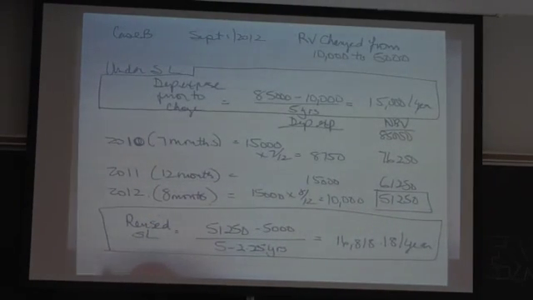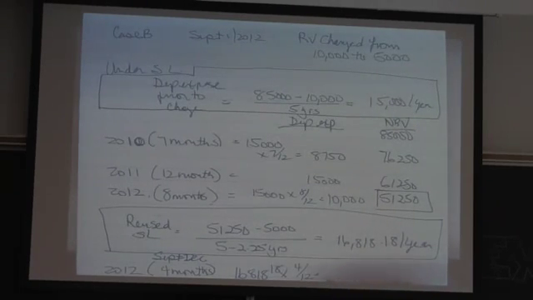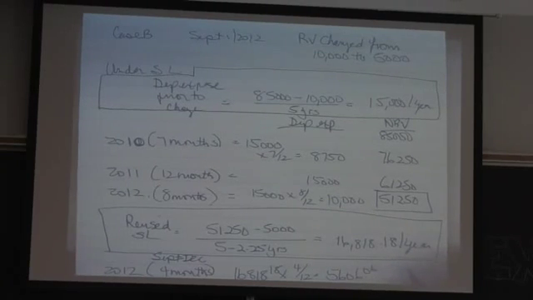So let's calculate 2012 for 4 months, because that change happened on September 1st, so September to December. That would be 16,818 times 4 over 12 to give us 5,606.06. Net book value will be 45,643.94.